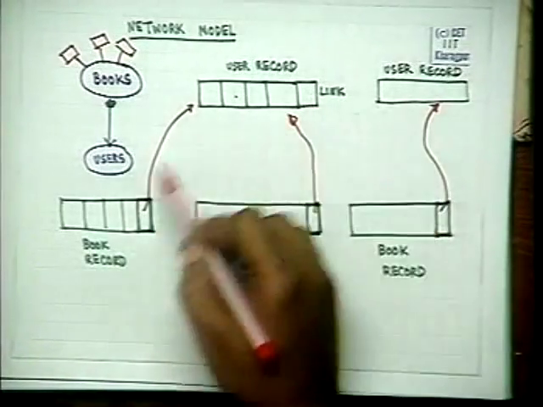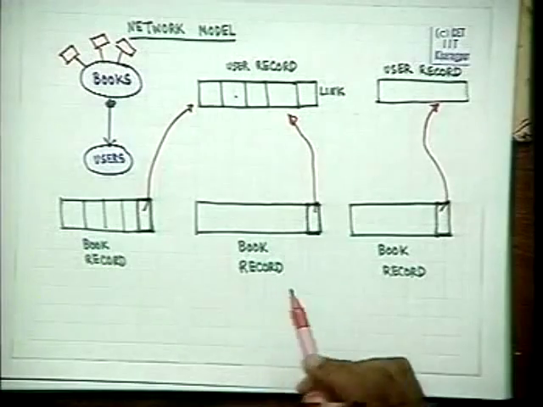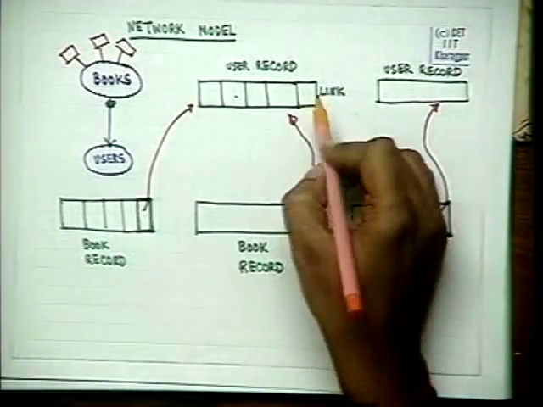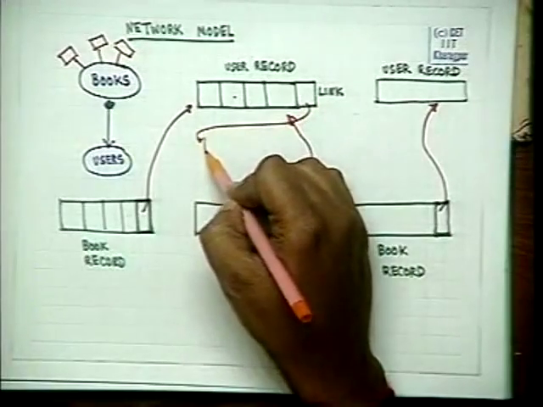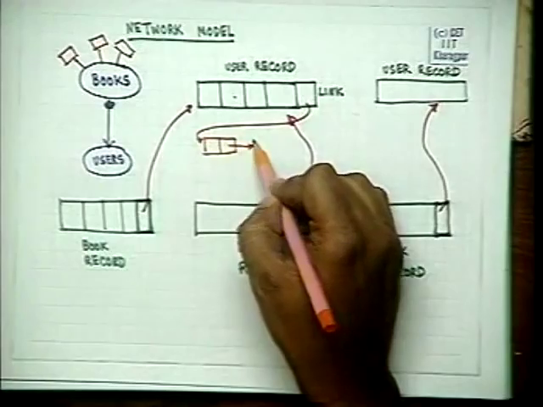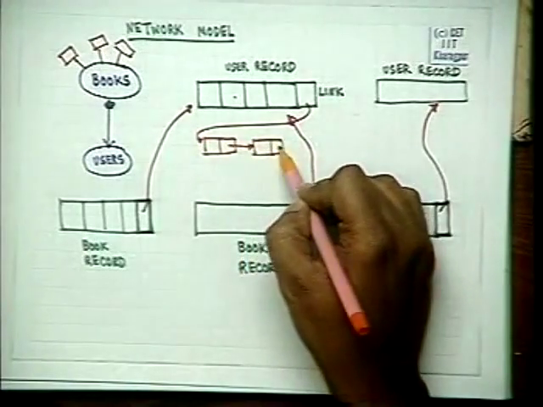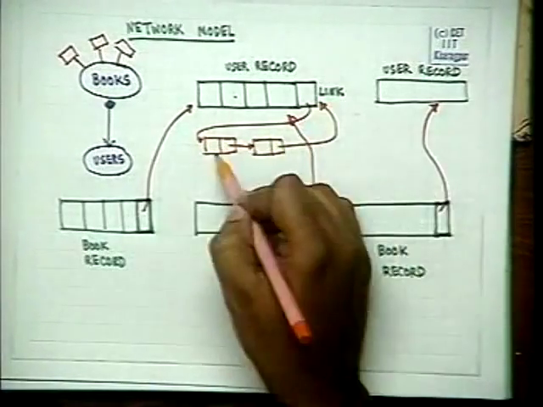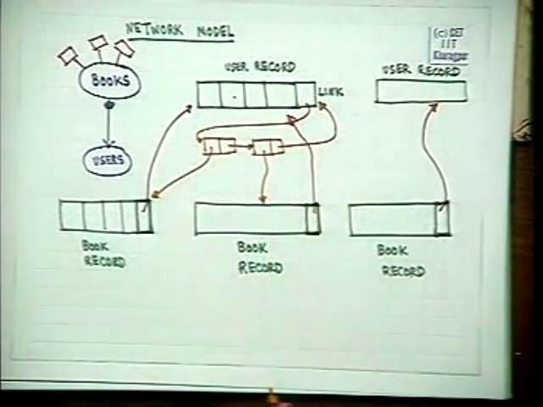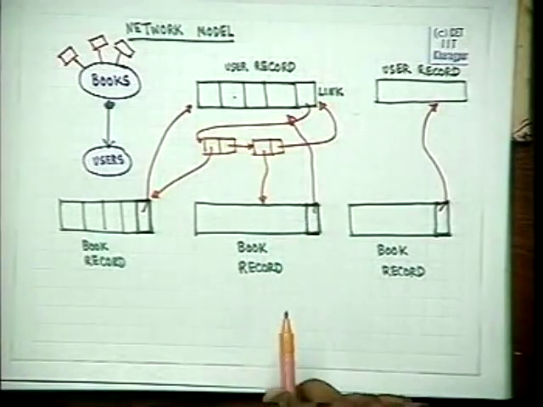But this direction is a little more complicated, and this direction works this way. You put it into a temporary record, a chain of temporary records. You link it up to a chain of temporary records.